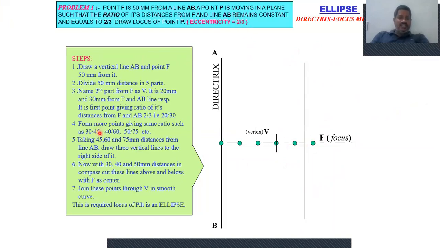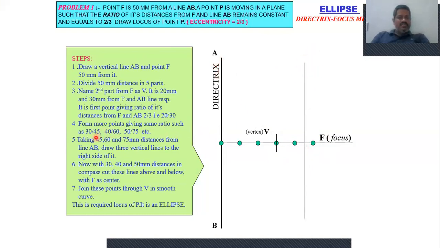The first ratio we have drawn is 2 and 3. Now you take 40 by 60, otherwise 30 by 45. Draw a vertical line with an imaginary length at a distance of 45. From the directrix to this line is 45.